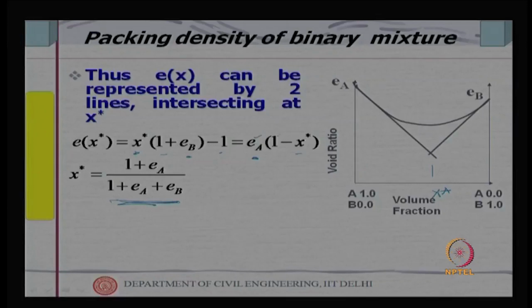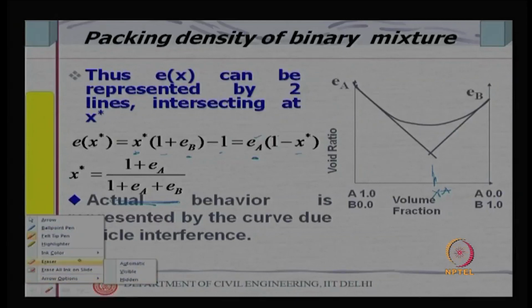So you will have E a plus 1 divided by this. So x star can be algebraically evaluated as this, and that is the optimal proportion at which the void ratio will be minimum. In other words, packing density will be maximum.